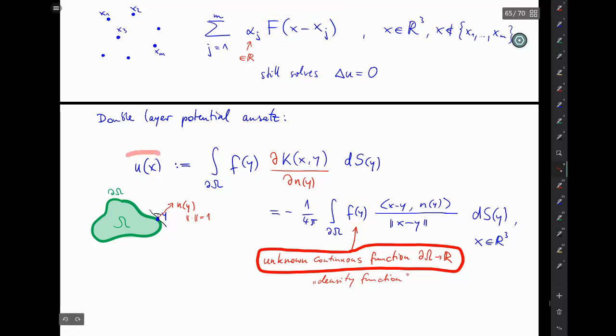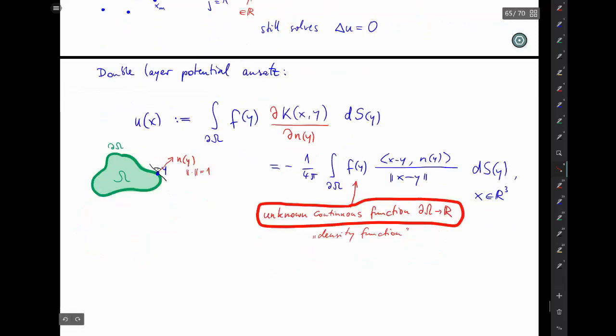Okay, like I said, this function u will be subject to Laplace's equation, let's say in omega, so properly inside the boundary, and also in the outside, but not so much on the boundary, because like I said, it's doing funny things on the boundary.